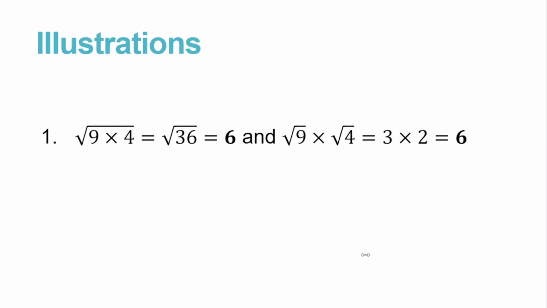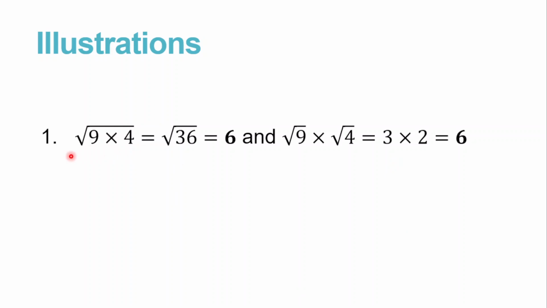Well, you can just multiply it and get the square root of it, but for the sake of the example of the rule, we can separate the 9 and the 4. As we can see right here, the square root of 9 is 3, and the square root of 4 is 2. And if we multiply them, it will give you 6. 3 times 2 is 6.